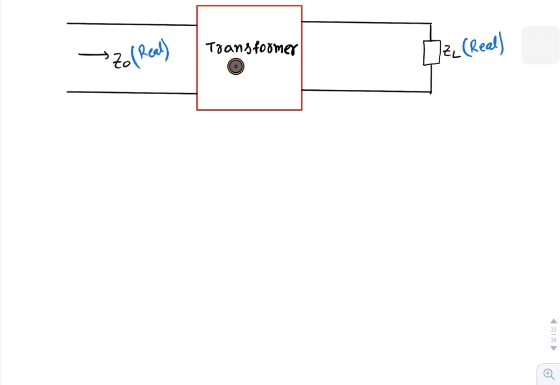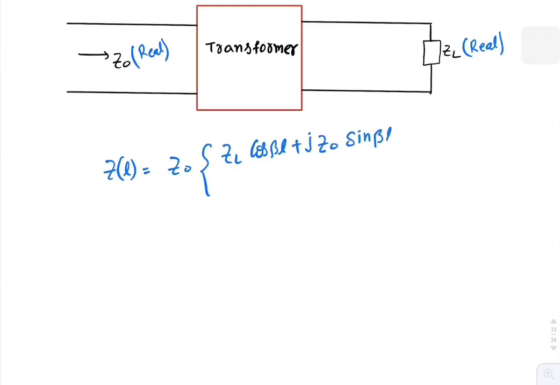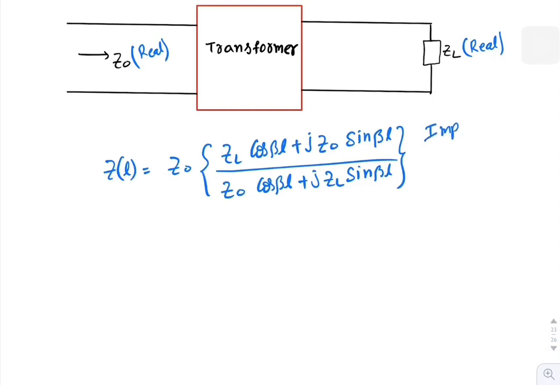The equation is Z of L equal to ZO into ZL cos beta L plus j times ZO sin beta L by ZO cos beta L plus j times ZL sin beta L. We call this equation the impedance transformation equation, right?